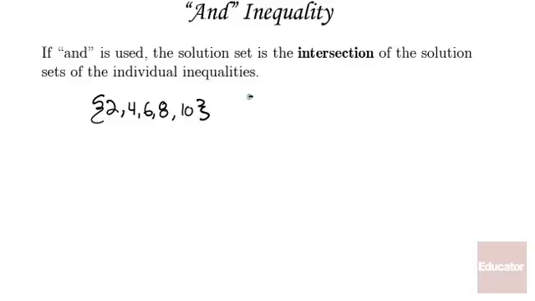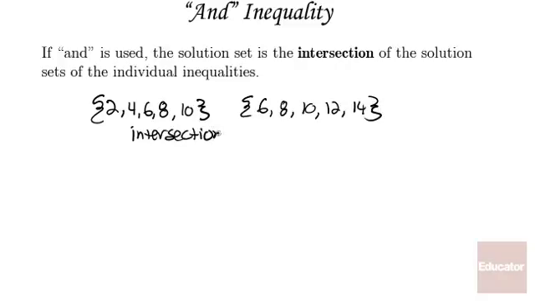And then I have a second set that is 6, 8, 10, 12, and 14. The intersection would be the elements common to both. So I see that I have 6 in both, 8, and 10. So the intersection would be 6, 8, and 10.